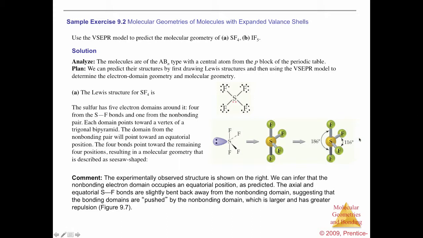So again, in this picture, we can see that instead of 180 degrees, this is actually a little bit smaller. It's 186. So these are being pushed away from the non-bonding pair, which is over here.